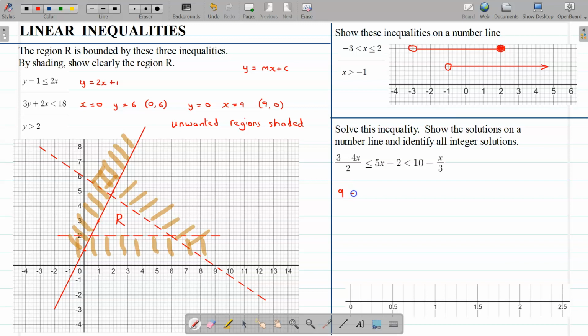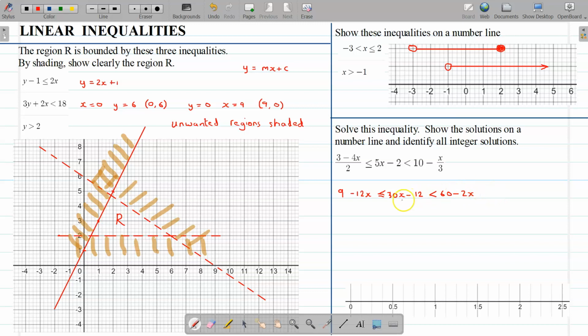Okay, 9 minus 12x. That's going to be less than or including 5, 6's are 30, so it's going to be 30x minus 12. Okay, and that's going to be less than 60 minus 2x.